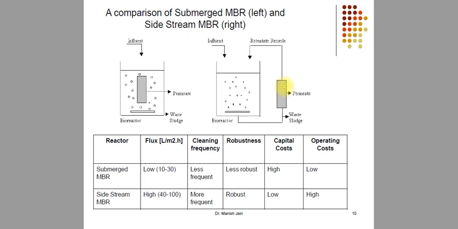One more important advantage of the submerged membrane reactor is that if you are using the membrane system outside the bioreactor, then when the fluid flows outside the bioreactor, the conditions which you maintain inside the bioreactor will be changed. When you work with a specific type of bioreaction, it is also very important to maintain the specific type of bacteria.